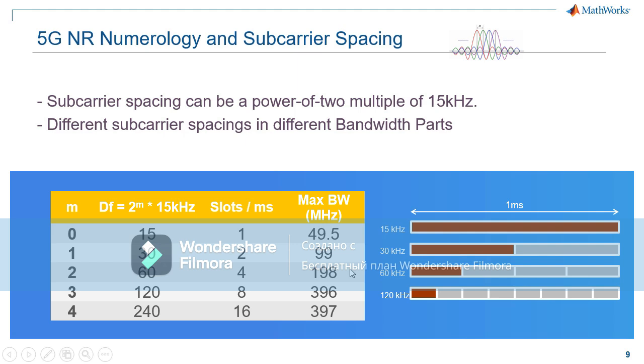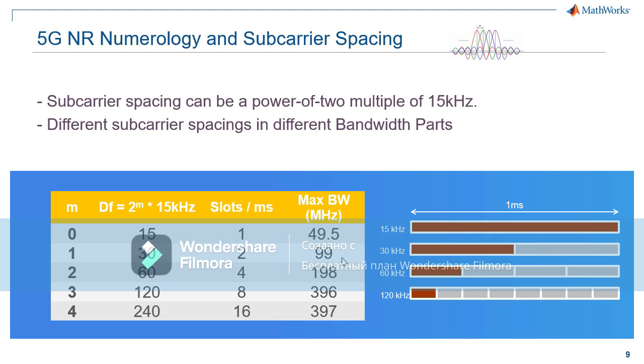So if you send the same information over a 15 kilohertz subcarrier, you are at a 50 megahertz, if you like, bandwidth. But by doubling the subcarrier spacing, you are occupying essentially 100 megahertz. These are the considerations that show the flexibility of 5G in terms of time frequency resolution.